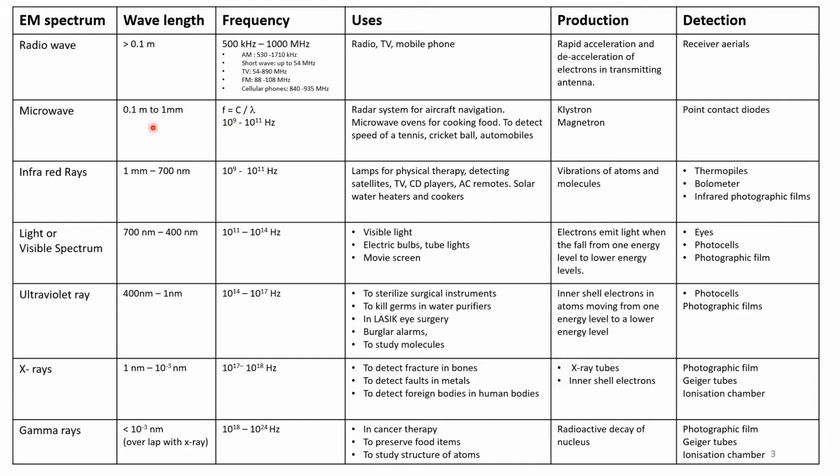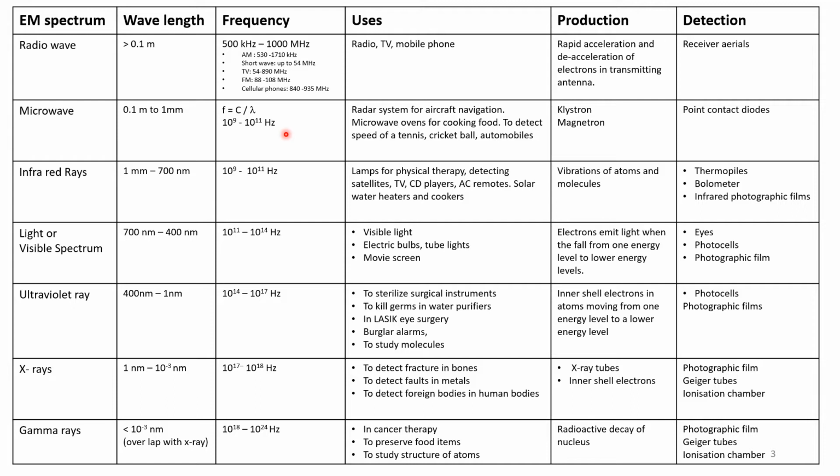The next wave is microwave. Its wavelength is 0.1 meter to 1 millimeter. So, you see here we started with 0.1 meter and we end microwave at 1 mm. Its frequency range is 10 to the power of 9 to 10 to the power of 11 hertz.